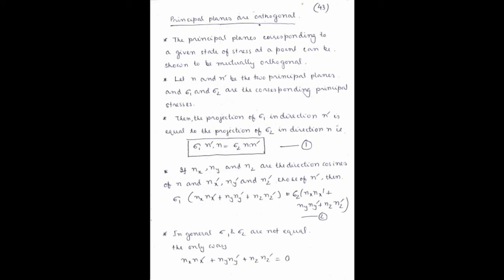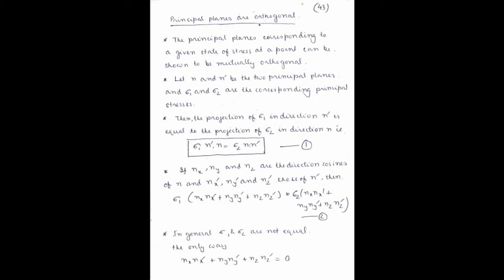If nx, ny and nz are the direction cosines of n, and nx dash, ny dash and nz dash are the direction cosines of n dash, we can write expression number 1 as shown in expression number 2. So this is actually the expansion of expression number 1.